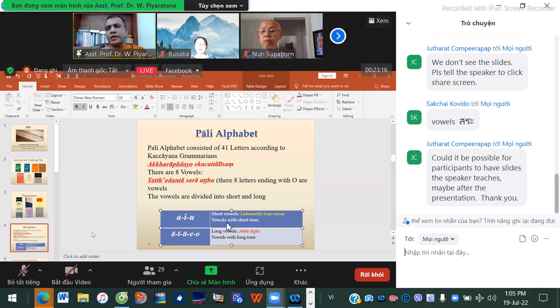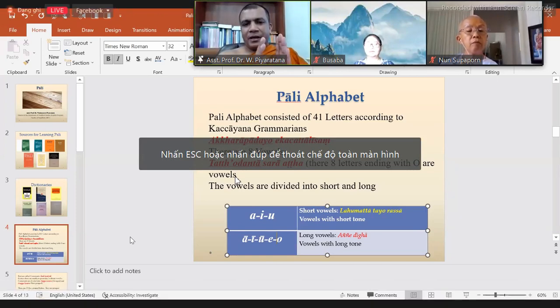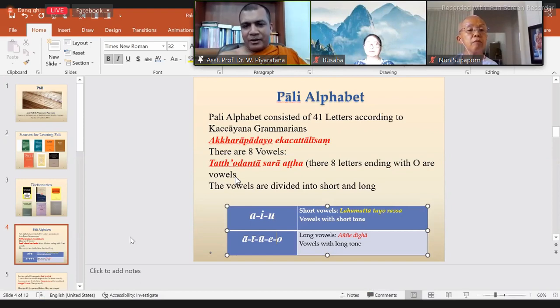O is always pronounced as a long vowel. In such cases, all are familiar, right? Evaṃ me sutaṃ, ekaṃ samayaṃ bhagavā.